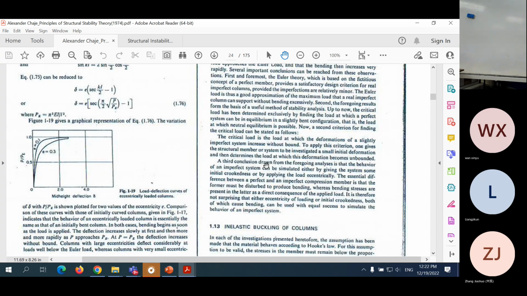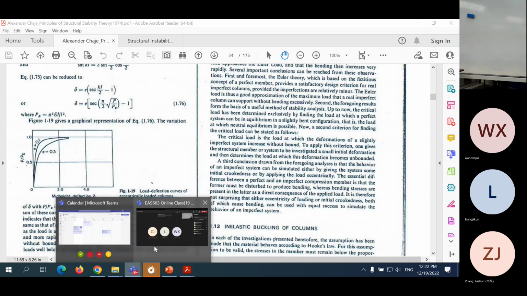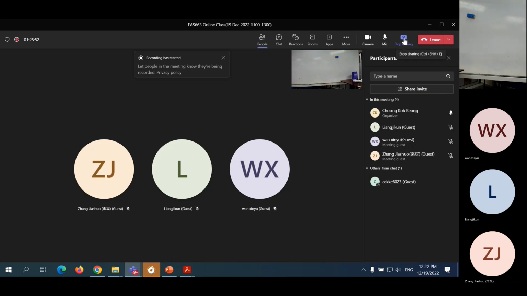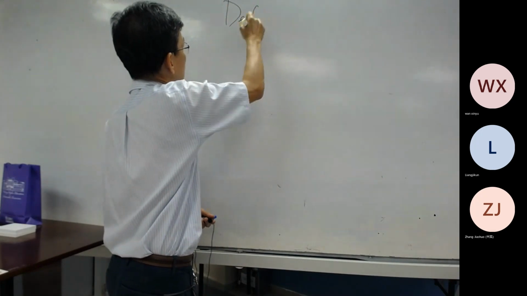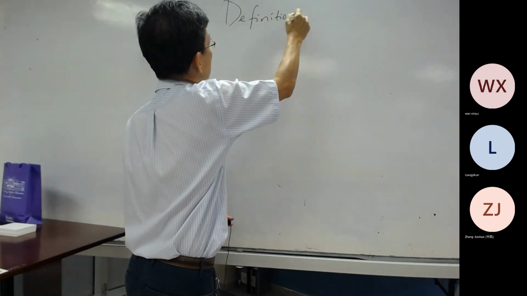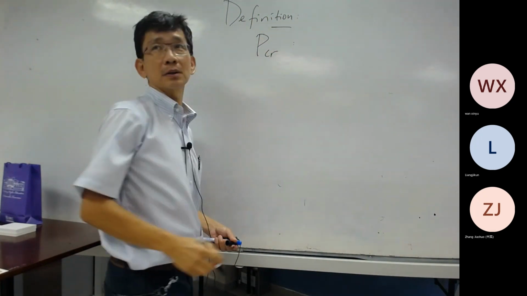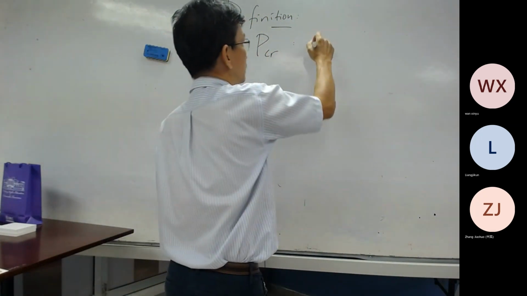And how do we apply that definition? According to what we have, the definition of P critical is the load where neutral equilibrium is possible.